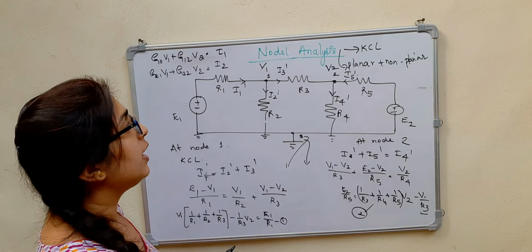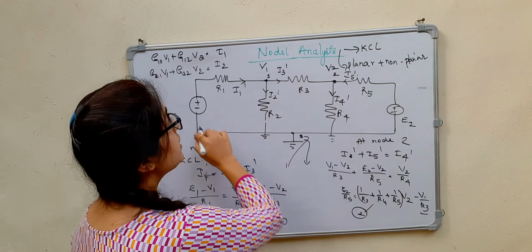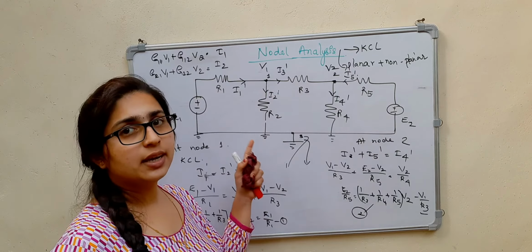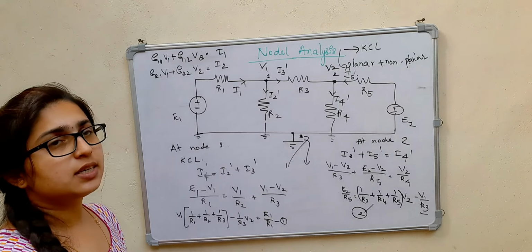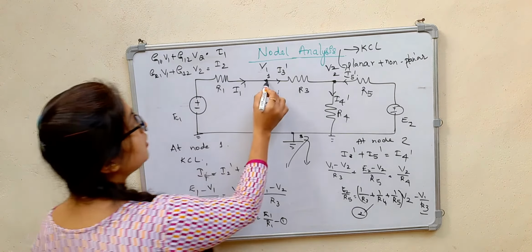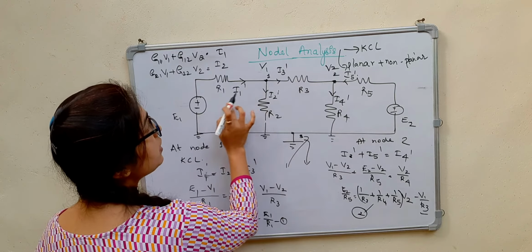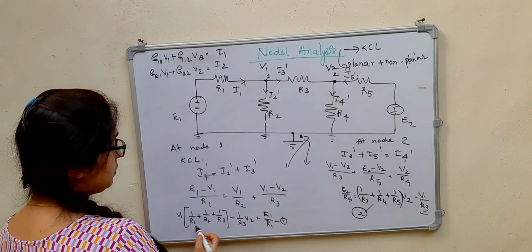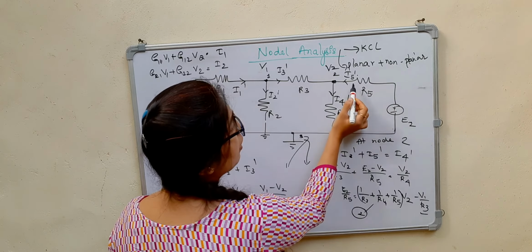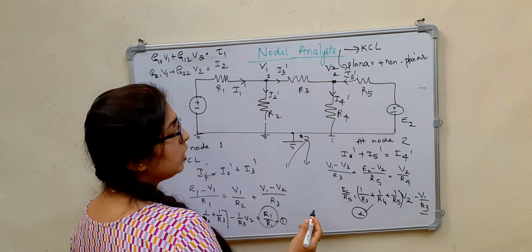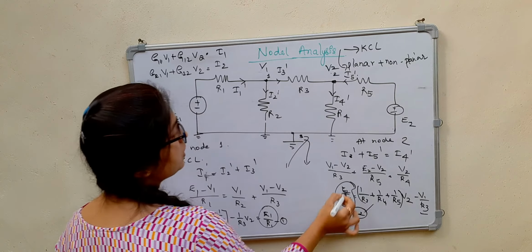Okay, see here, at a node, if the current is flowing towards the node, then that is positive. If it is flowing away from the node, then it is considered negative. See here, E1 by R1, this current is flowing towards the node, so that is positive. Here, to this node, E2 by R5 is flowing towards the node, so that is also considered positive.